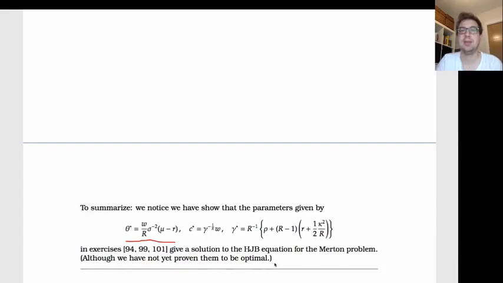But if we're going to be really mathematically rigorous, then we need to prove this. So what we'll do next is some of the more mathematical details of proving that when I found a solution to the HJB equation for this problem, then I have indeed found an optimal solution.